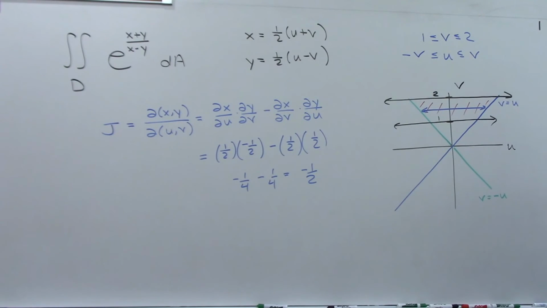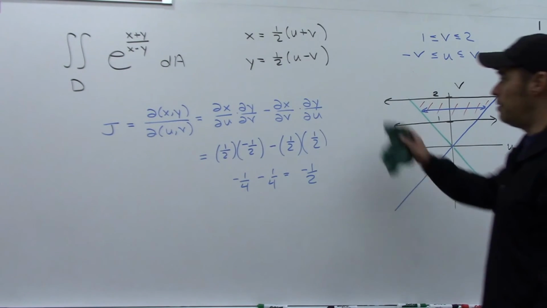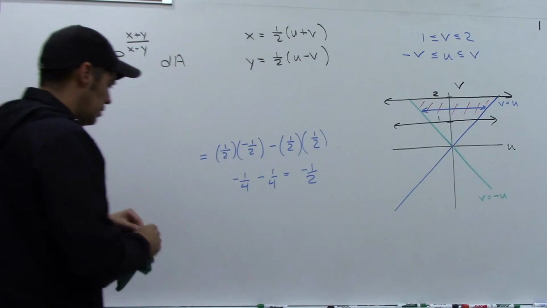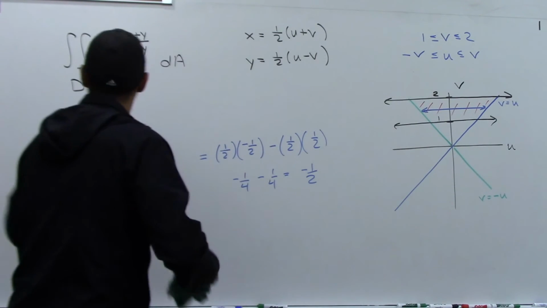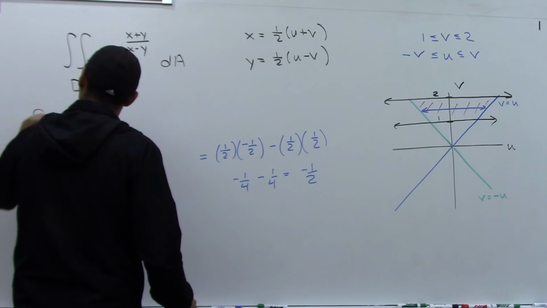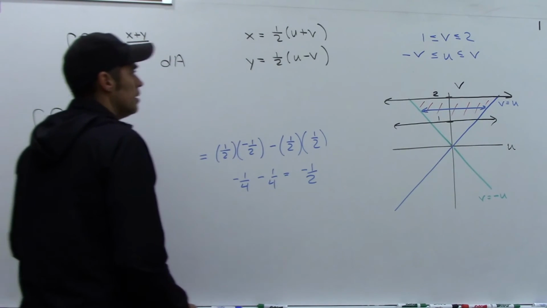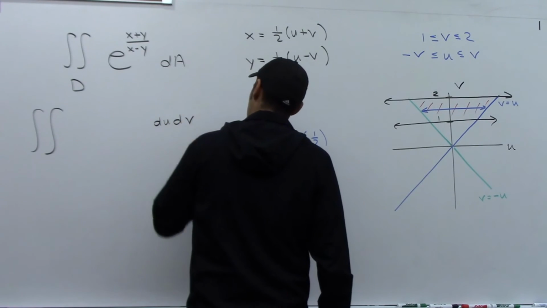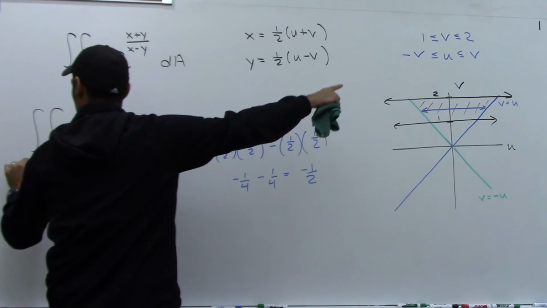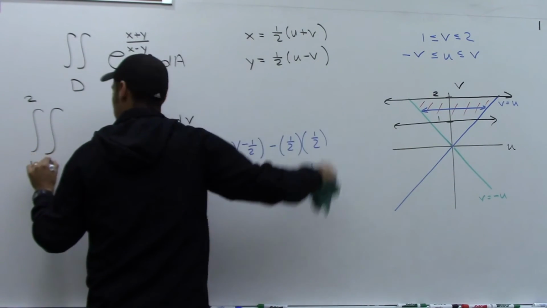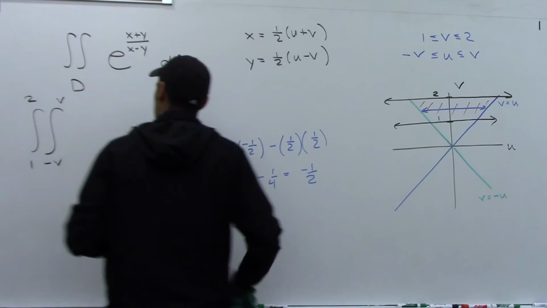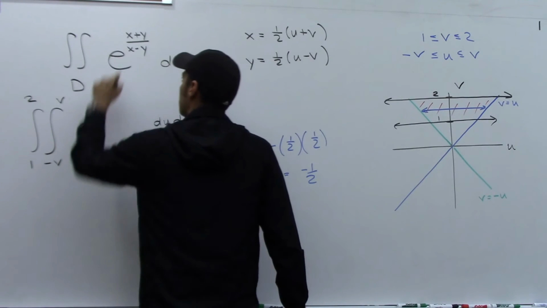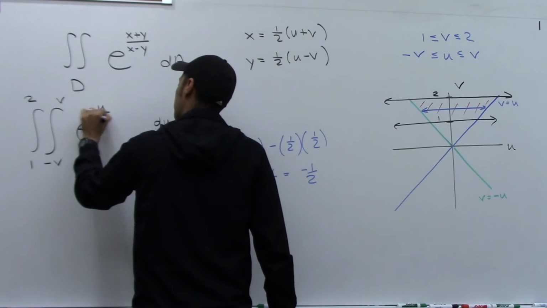So I'm ready now to rewrite the double integral. I'm going to go du dv, because v has limits 1 and 2, and u has limits negative v and v. And then I'm integrating e to the u over v.